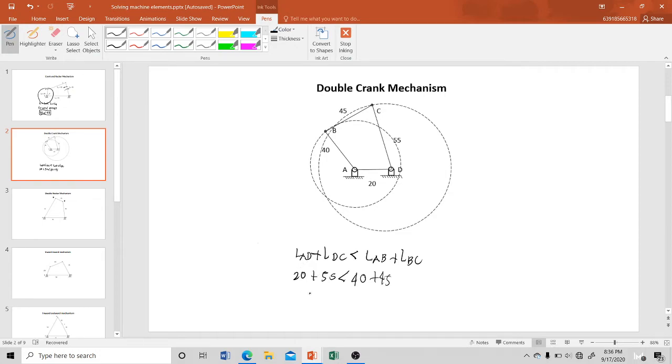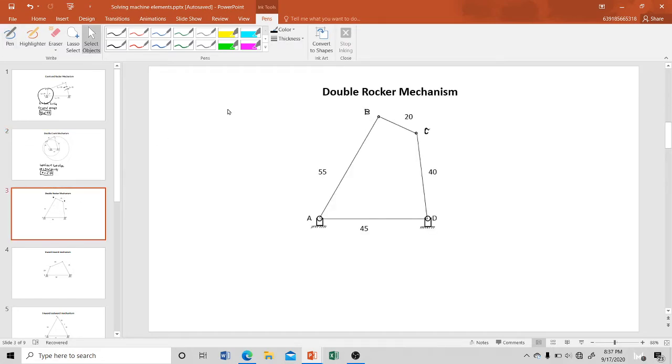So 20 plus 55 equals to 75, and 40 plus 45 is equals to 85. So this mechanism na ay capable to full rotations. So another example. So double rocker mechanism.